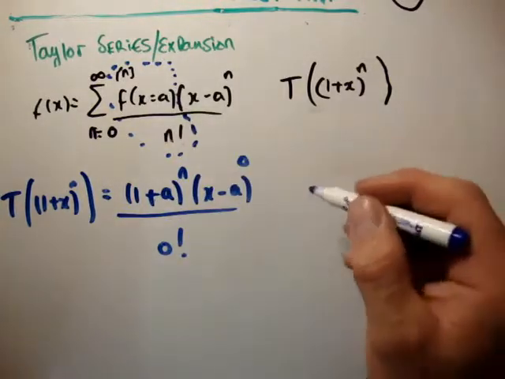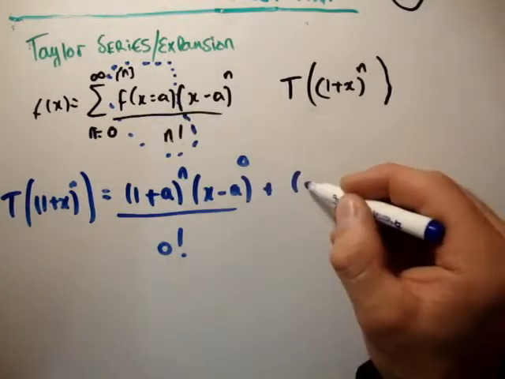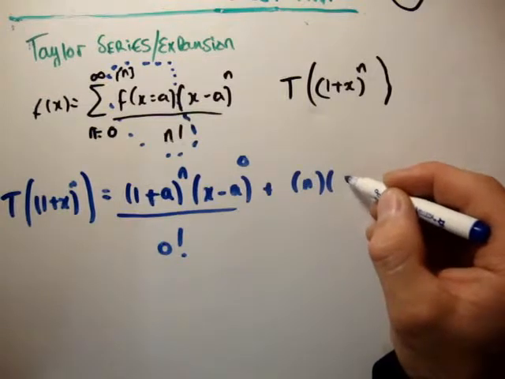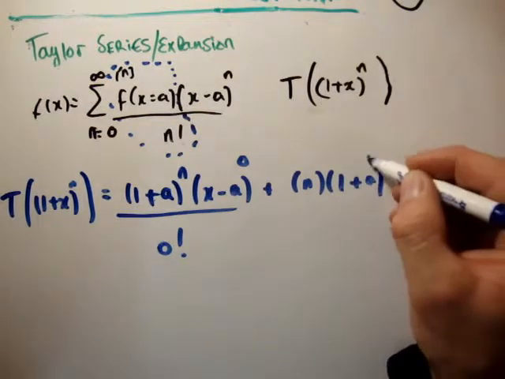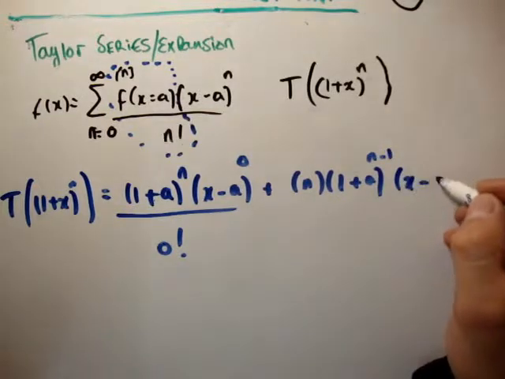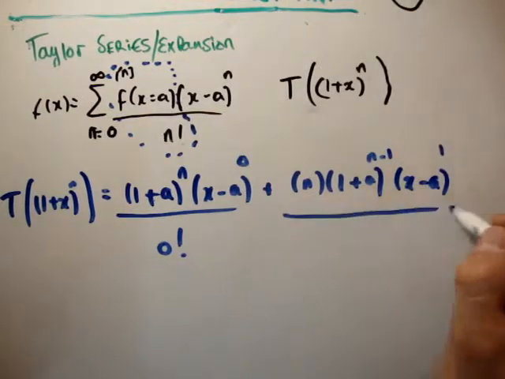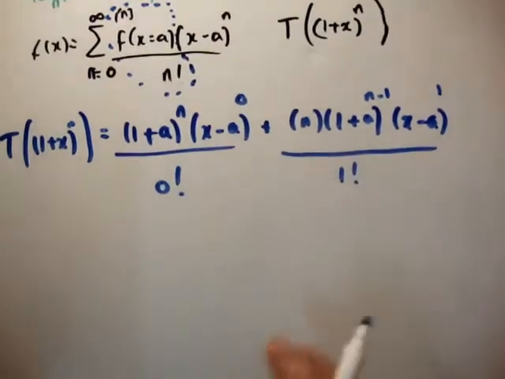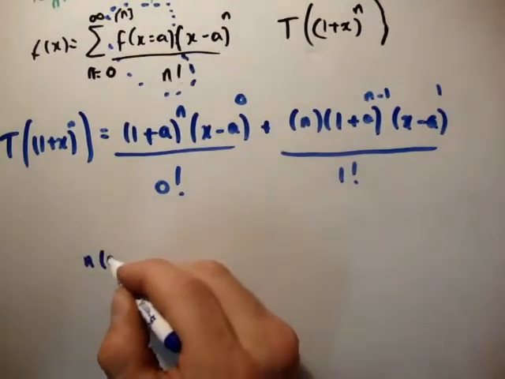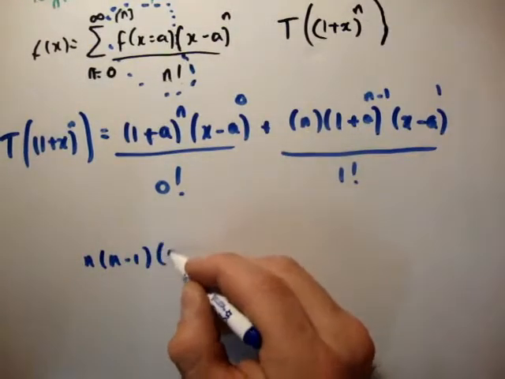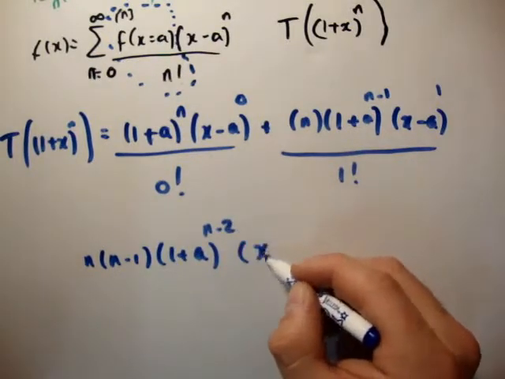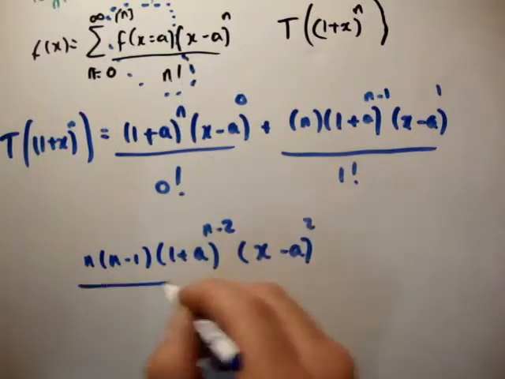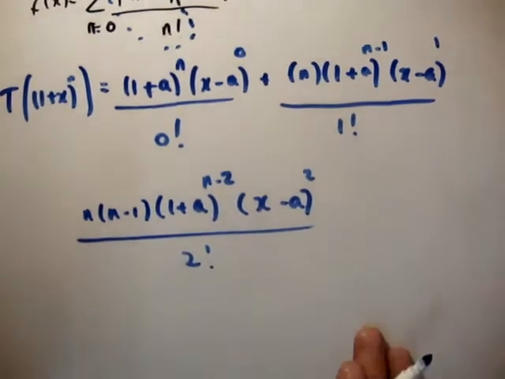Okay, next we have n, then we had (1 + a)^(n−1), (x − a)^1 divided by 1 factorial. Then we had n(n − 1), (1 + a)^(n−2), (x − a)^2 divided by 2 factorial.